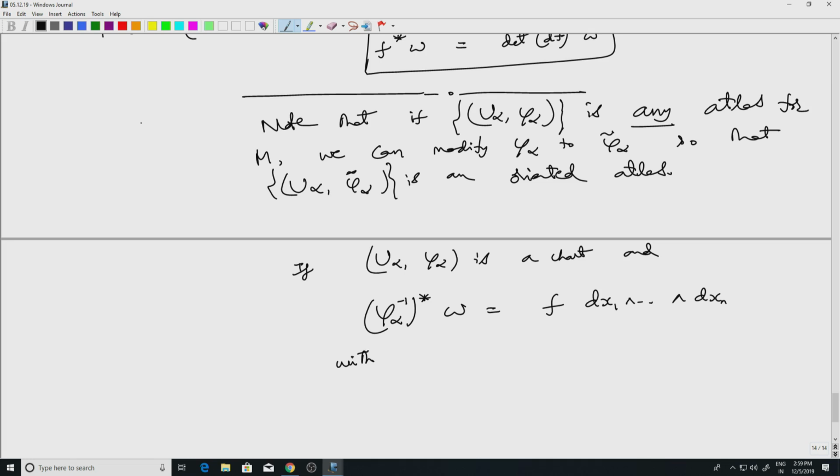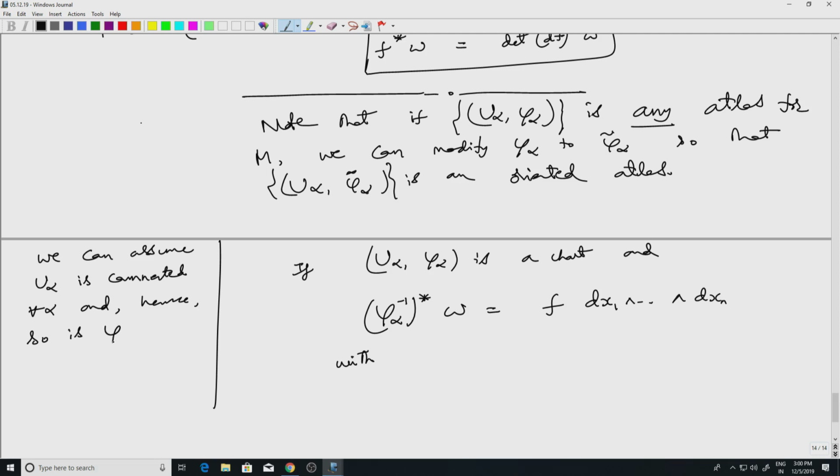Here I make the observation that by always taking slightly smaller charts if necessary, smaller open sets U alpha, we can assume U alpha is connected for all alpha, and hence so is phi alpha of U alpha. These open sets in Rn that we get we can assume are connected.